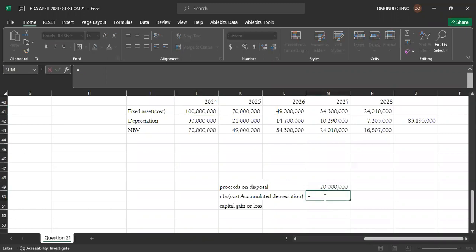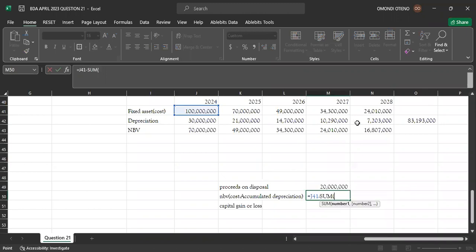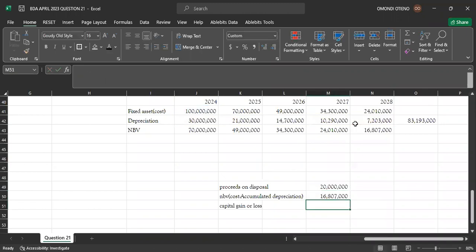So we are going to have 100,000 minus the summation of the depreciations, that is the accumulated depreciations. All of them, we are going to have 16,807. I've used that long approach to help you know how to get that value directly. So is this value not the same as what we have here?